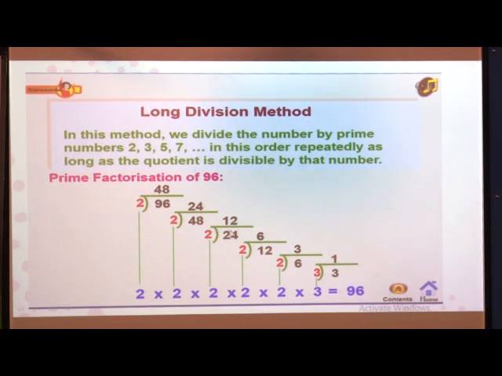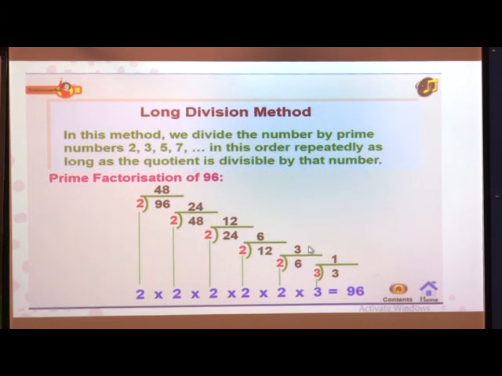Now we divide this 12 again. 2 6s are 12. Now we have to divide this 6. 2 3s are 6.